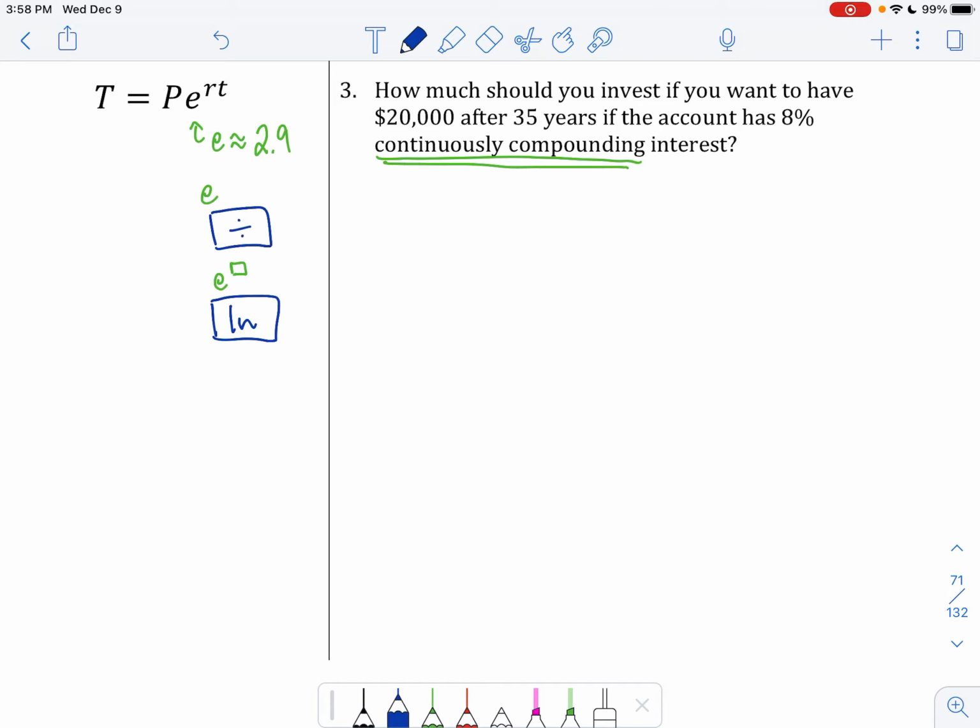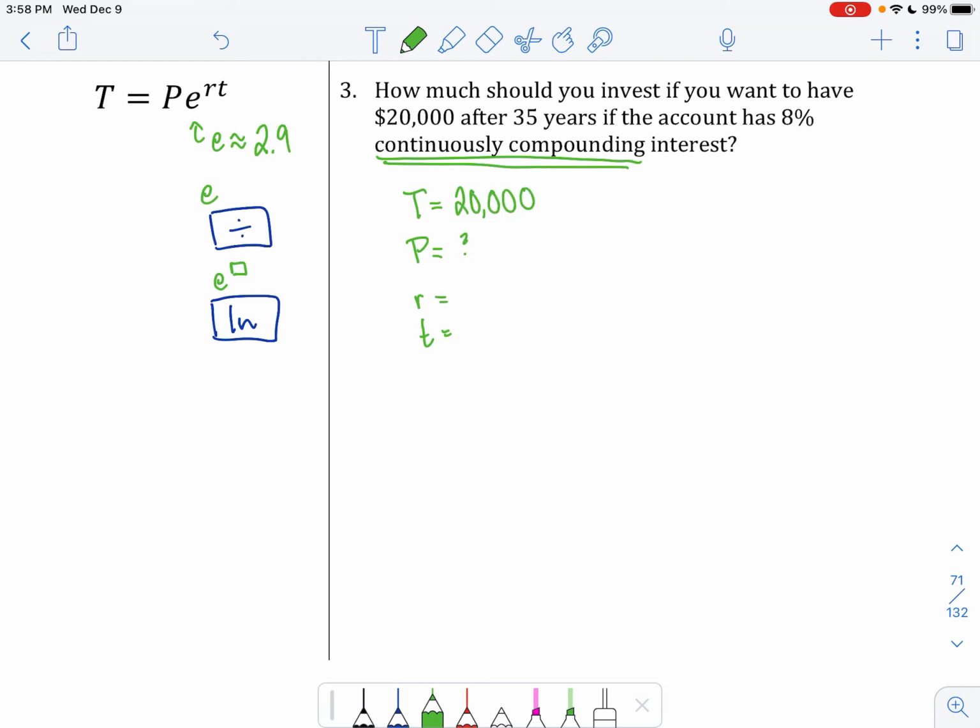How much should you invest if you want to have $20,000 after 35 years if the interest is 8% compounding? So again, we have T, P, and R and T. E is a constant. The only thing that's different is N, because N is infinite, which is not a number we can really plug in, so we use E. Our total is what we know: we want to have $20,000.